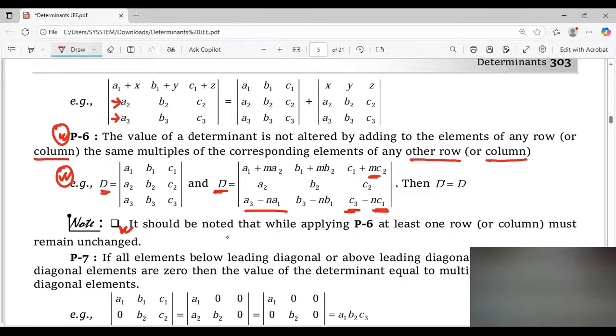It should be noted that while applying property 6, at least one row or column must remain unchanged.